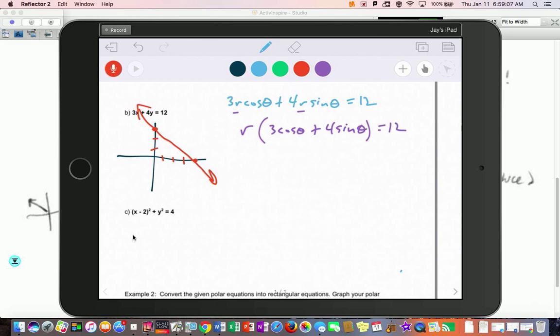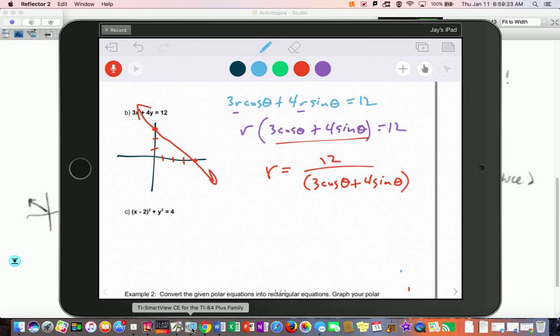And then I can just divide by everything in parentheses. So it ends up being r is 12 divided by 3 cosine of theta plus 4 sine of theta. Which is kind of a crazy equation, but when we go to our calculator, it should be that straight line.